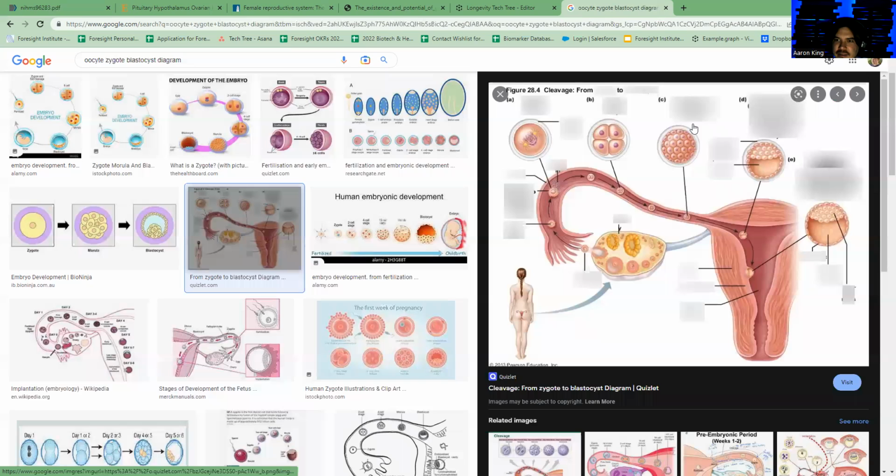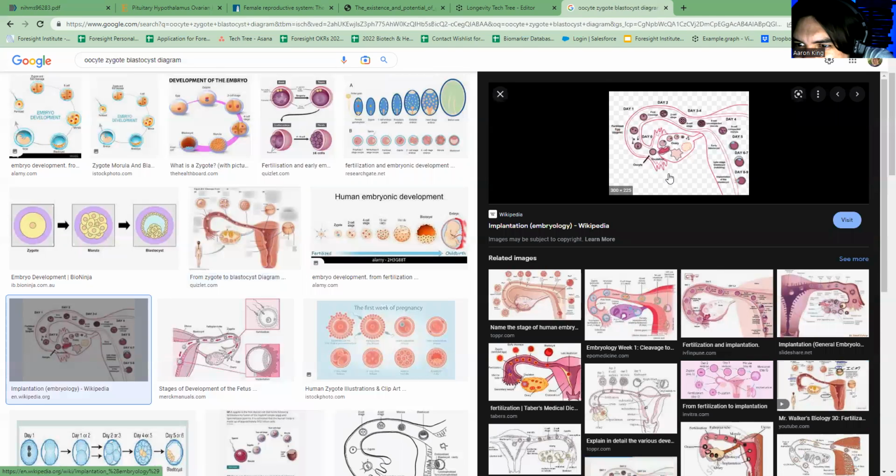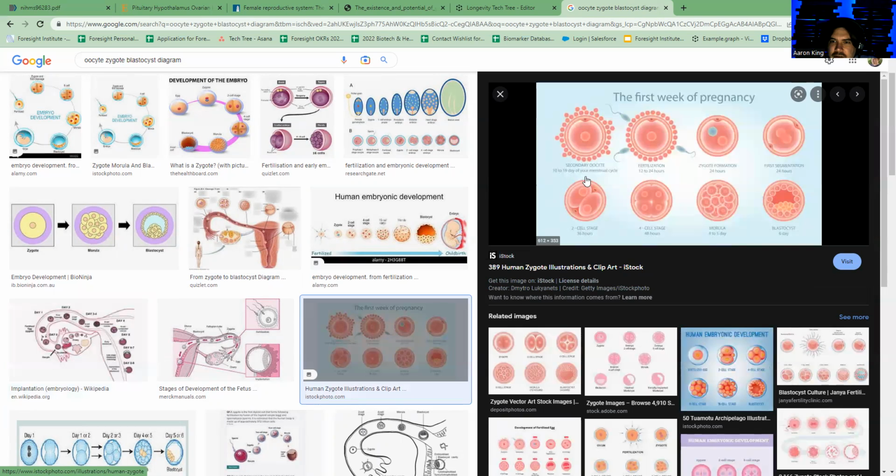So oocyte turns into a zygote, I think. Secondary oocyte, fertilization, zygote formation.